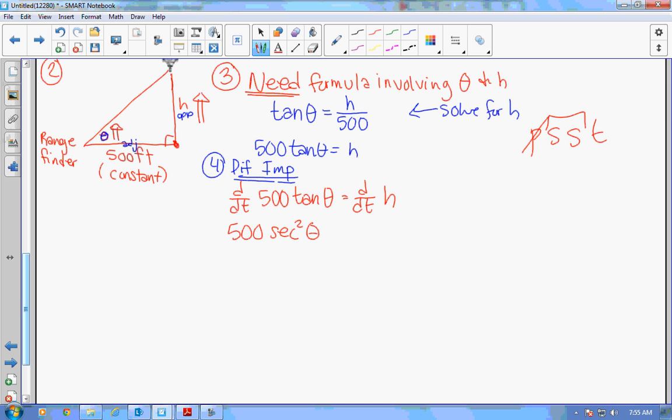Theta. Good, d theta dt, because we are taking the derivative with respect to t, and since theta is not t, we have to write d theta dt. And the derivative of h with respect to t is dh dt.